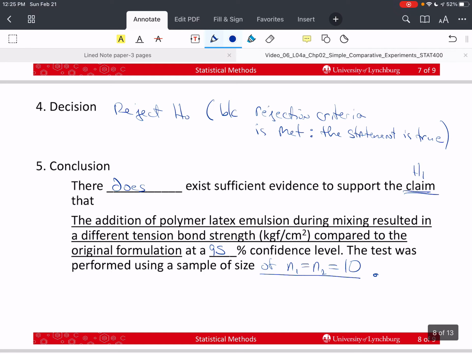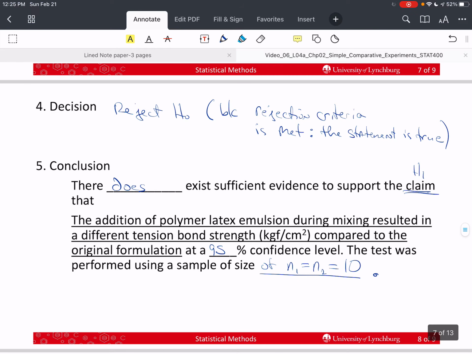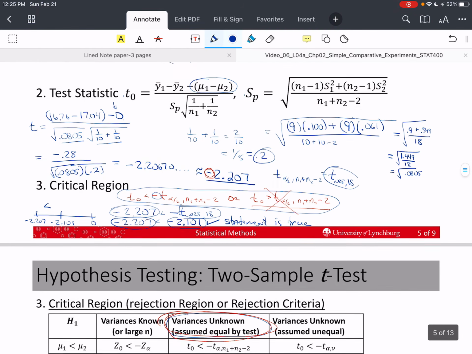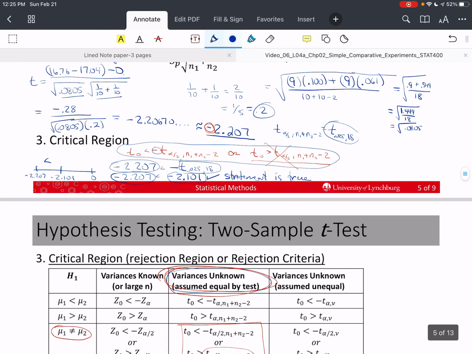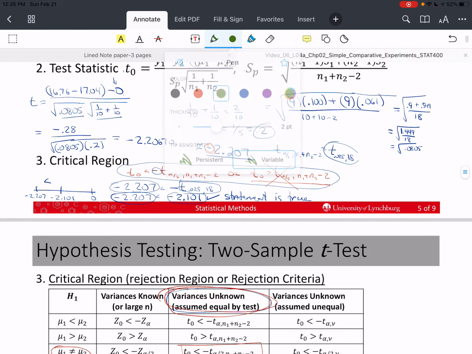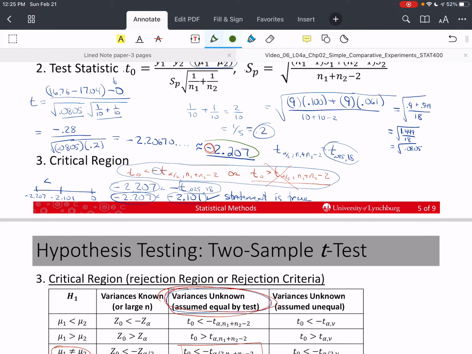But before we move on, and my screen keeps freezing for some reason on my iPad. Before we move on, I want to find the p-value of our test statistic. So our test statistic is the negative 2.207.